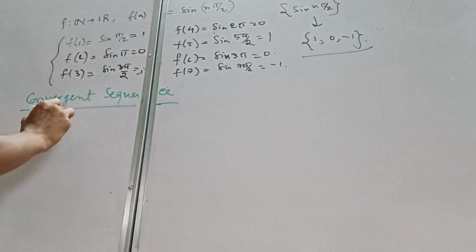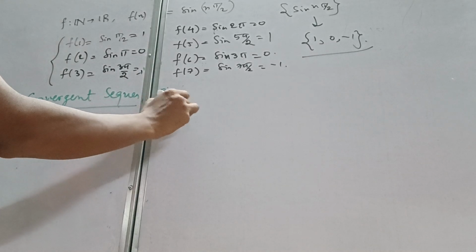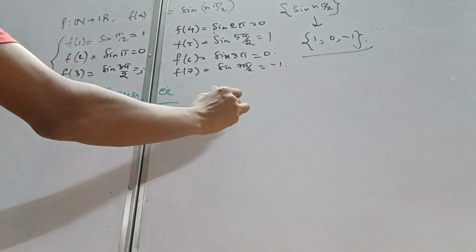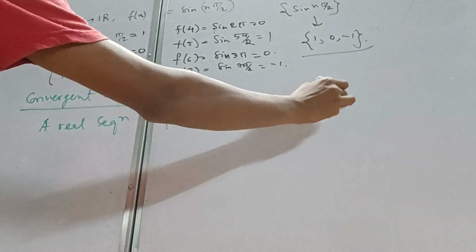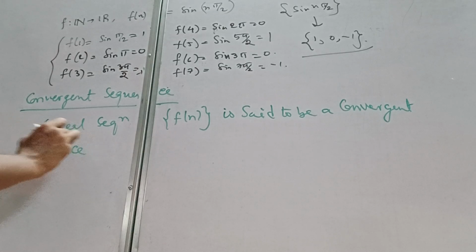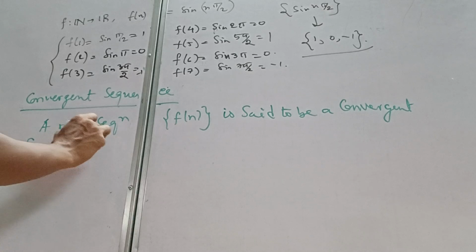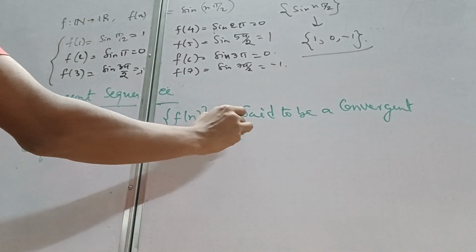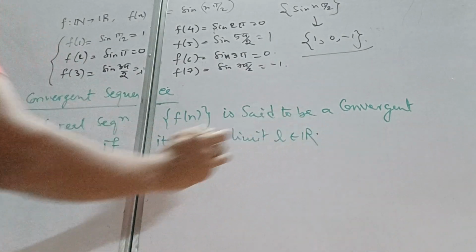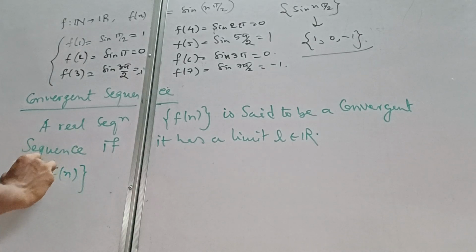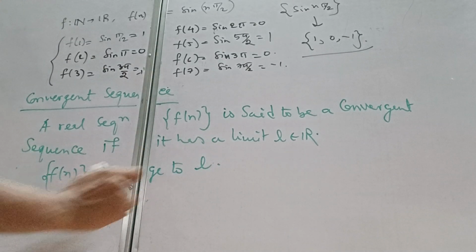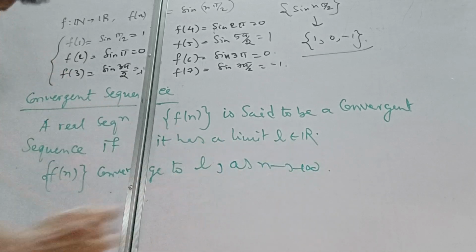A real sequence {f(n)} is said to be a convergent sequence if it has a limit L belonging to R, that means f(n) converges to L as n tends to plus infinity.